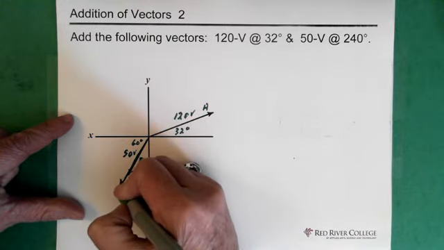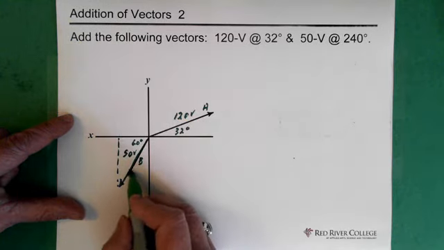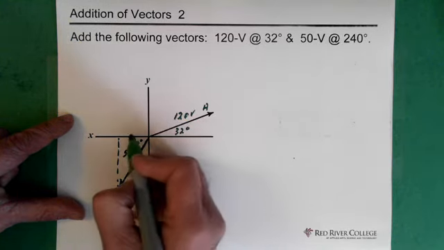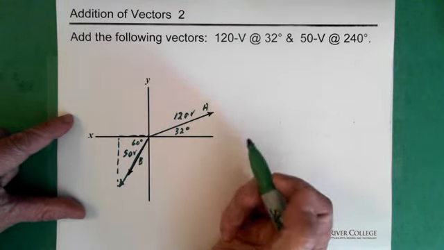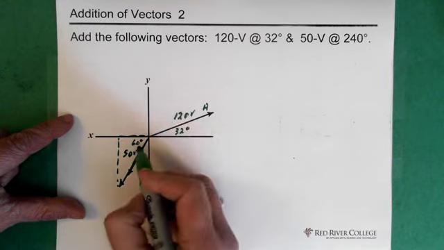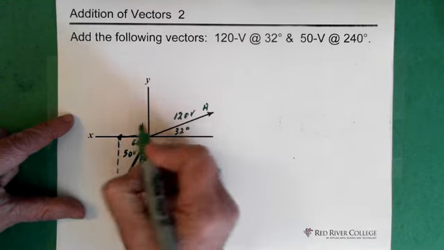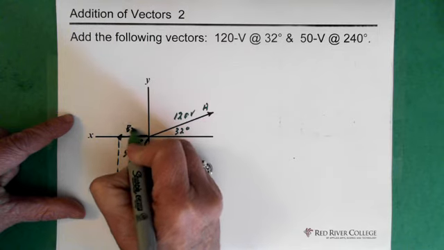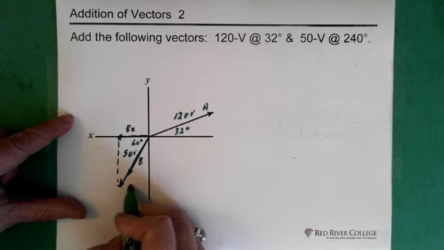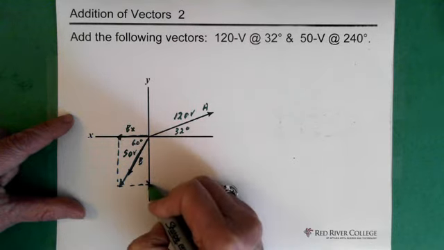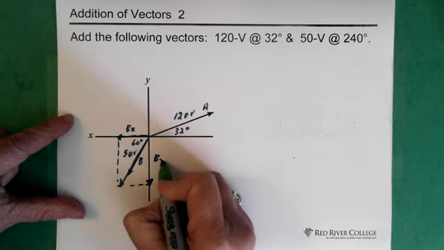And we want the y component of vector B, and we want the x component of vector B. So here is our B in the x direction, and this vector here is our B in the y direction.